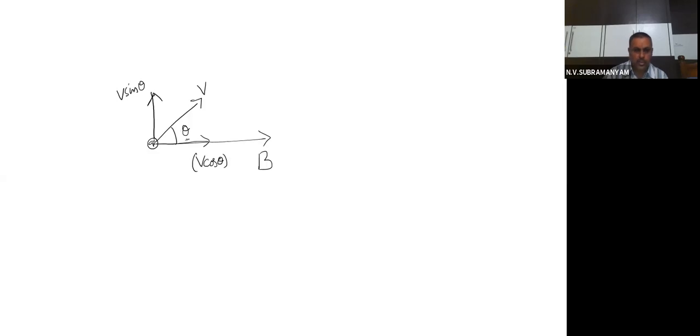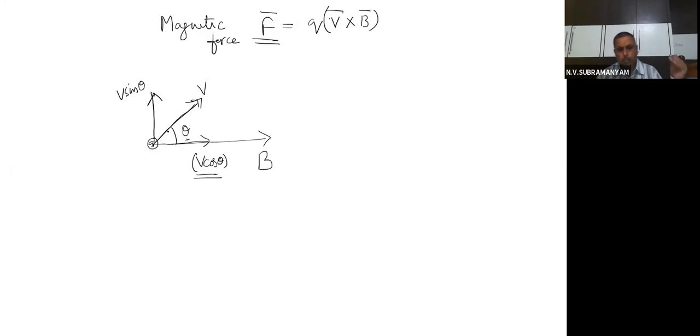Anyhow, the magnetic force F is going to be q v cross B. There will be a magnetic force, no doubt, and that will act as the centripetal force. But what happens is, the v cos theta component is going to push the particle forward.